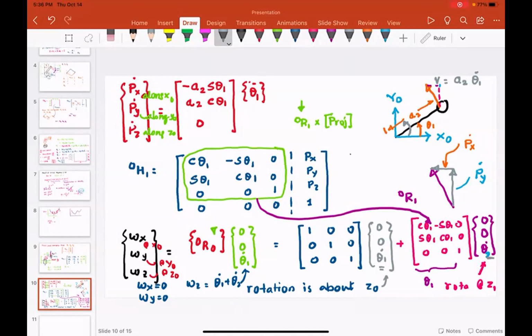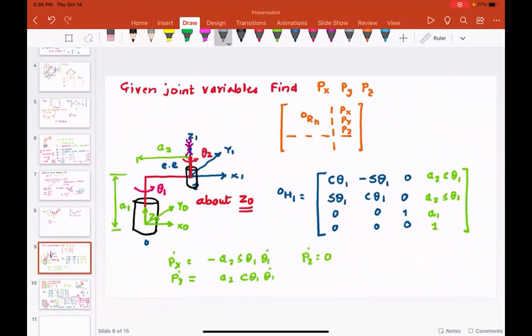Now, what I want to do is take the same problem. Everyone understood that what I did was add a rotation joint and we found the angular velocity. I can do the exact same thing. I can add another arm and then it would become a 2 degree of freedom robot arm.